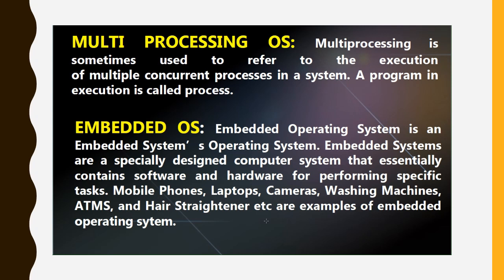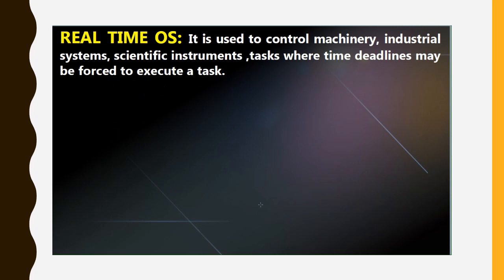Like I'm operating a computer system, but I'm also operating the card reader, or the laptop, or the mobile phone. So when these two processes are embedded together, that is known as an embedded operating system. Next is real-time operating system.